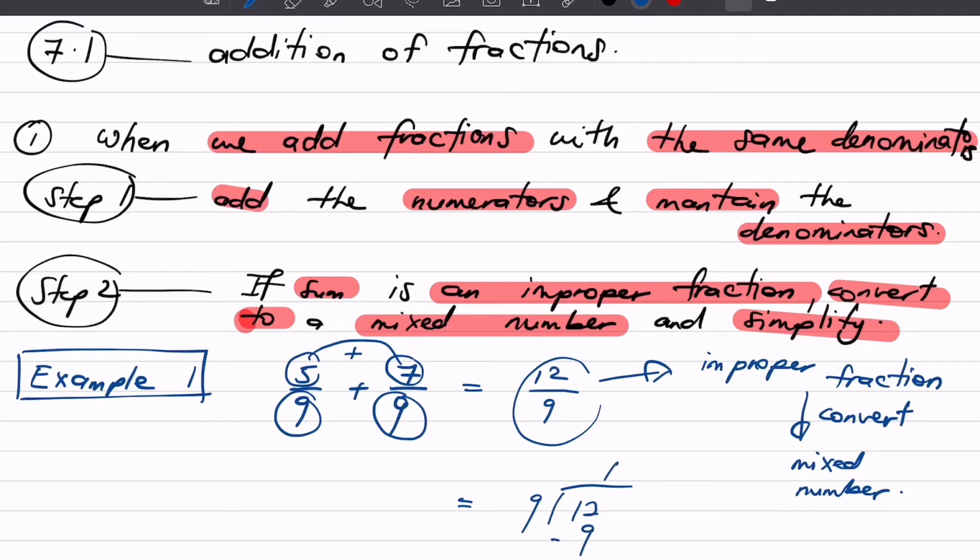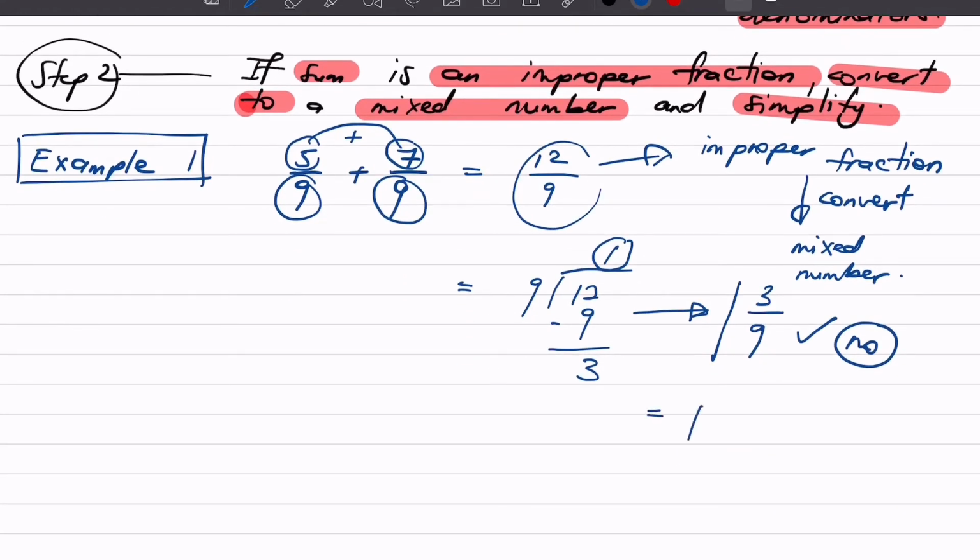You subtract, you're going to get 3. So this can be written as 1 as the whole number, 3 as the numerator and 9 as the denominator. Is this the final answer? No, because you can still simplify it. I divide this by 3, I divide this by 3, so this would be 1 and 1 over 3. This is your answer.